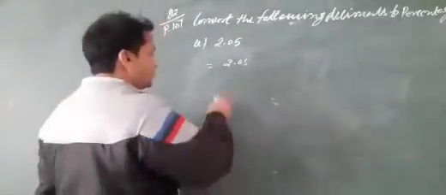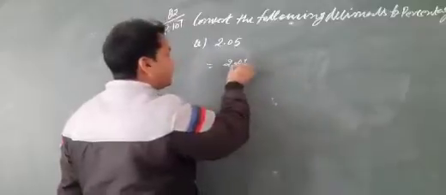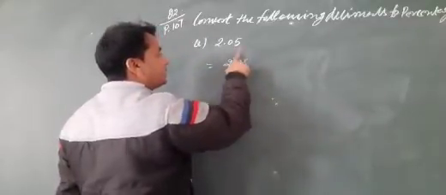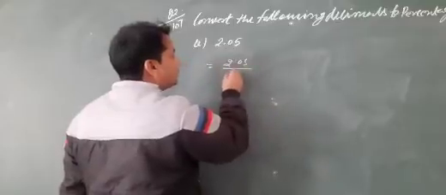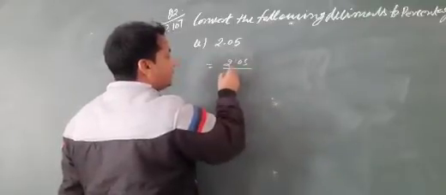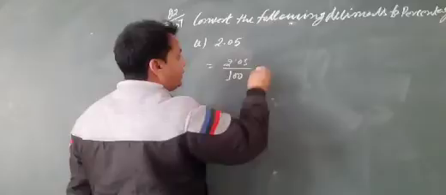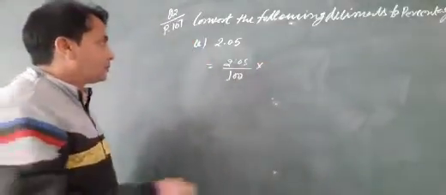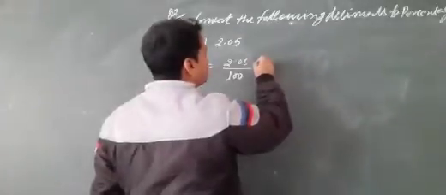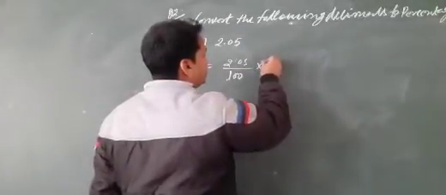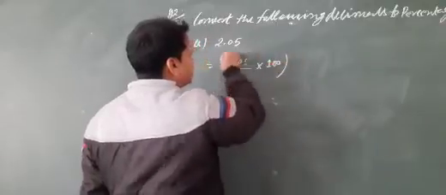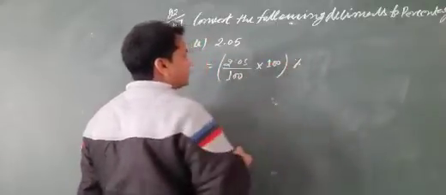It is clear that first we convert it into the form of a fraction. 2.05 converts into 205 by 100, and we multiply by 100 with the sign of percentage.